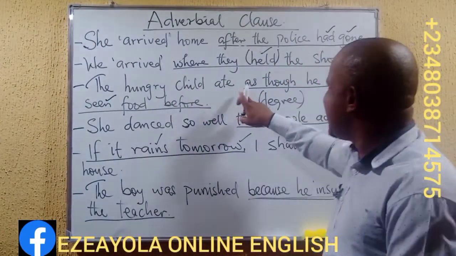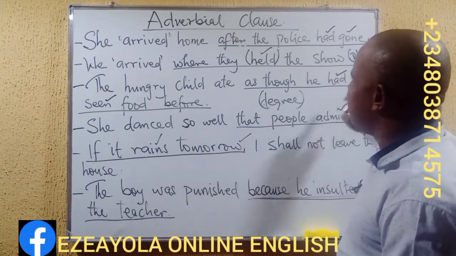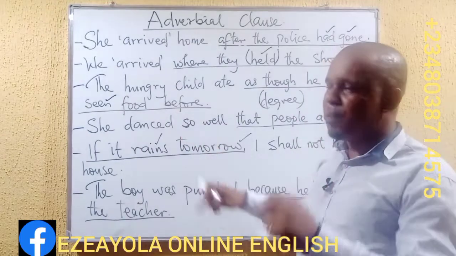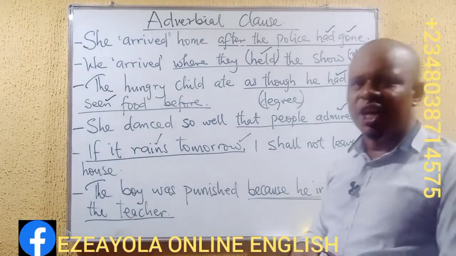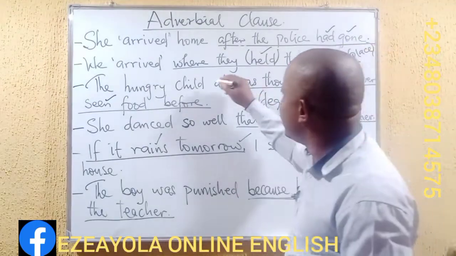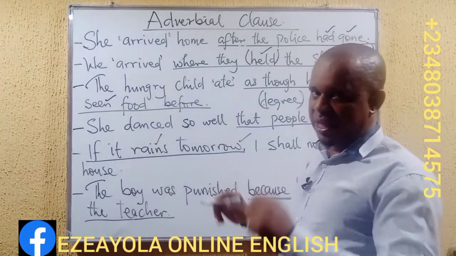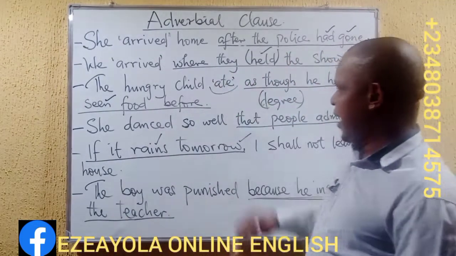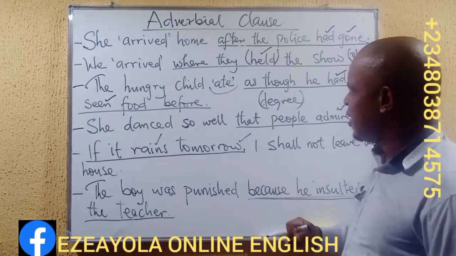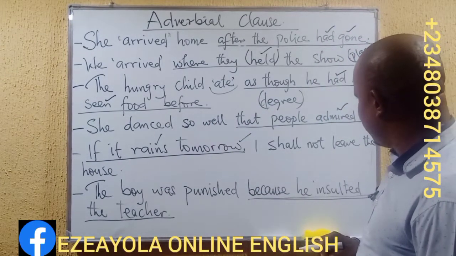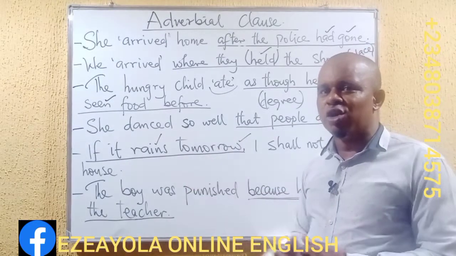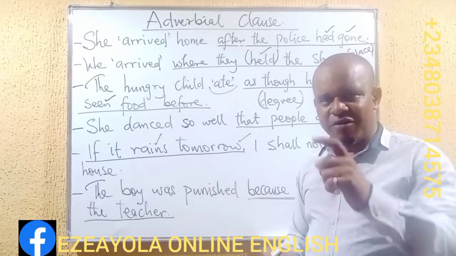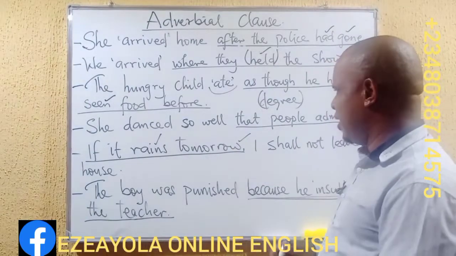For number two, the hungry child ate as though he had never eaten before. Talking about an adverbial clause of manner, what is its function? It is modifying the verb ate. Please take note. The next one says, she danced so well that people admired her, an adverbial clause of degree, the level of the dancing.